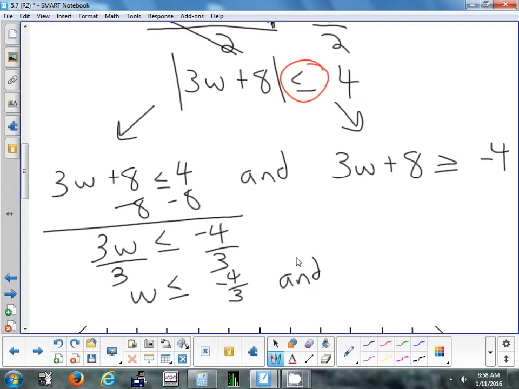This one, same exact as the other. I'm going to minus 8, minus 8. 3w. Now, two negatives. I'm combining them, not multiplying or dividing them. What do I get? Negative 12, right? Both negative, keep the sign and add the numbers together. Justin, last step. Look, I'm doing the same step that I did on this one.